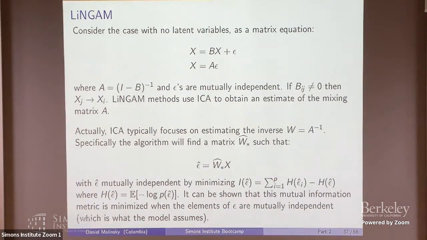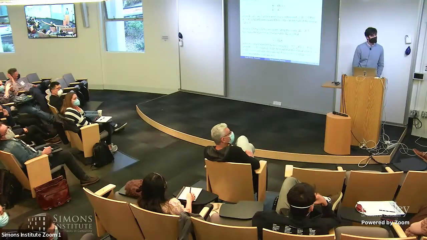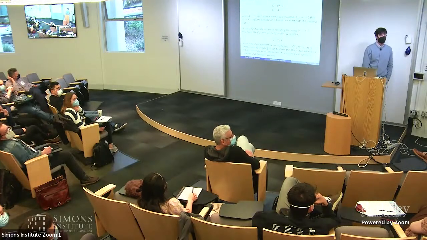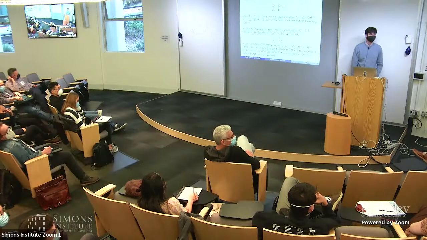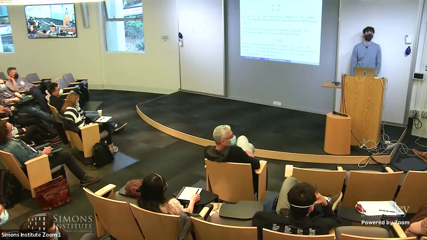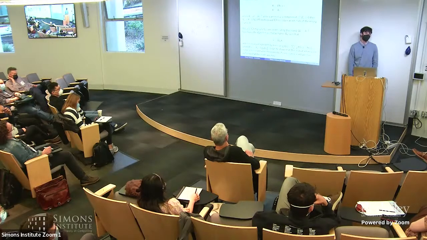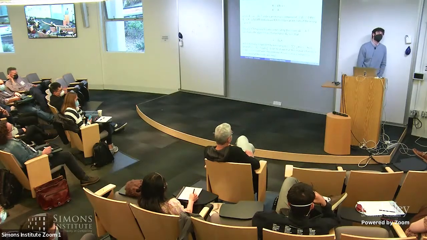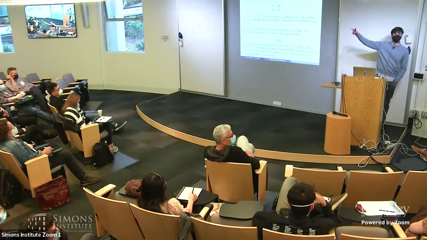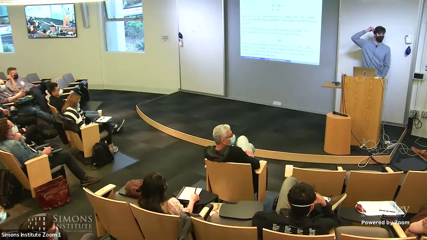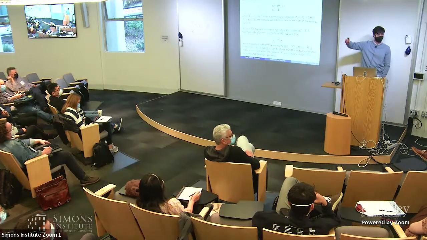Oh, sorry, question here? Just a question about the non-Gaussianity result. Is it about the dependence? That happens, for example, if I have a copula that is non-Gaussian, but the marginals are Gaussian. Is it about the dependence or about the joint distribution? It's about the joint distribution of the errors. Of the errors. So if the joint distribution of the epsilons is in the Gaussian copula family, so long as it doesn't reduce to Gaussian for each one, then it's non-Gaussian.